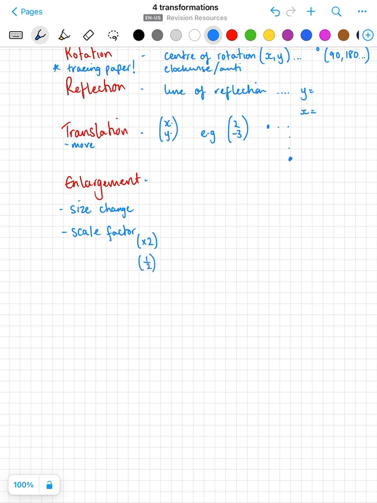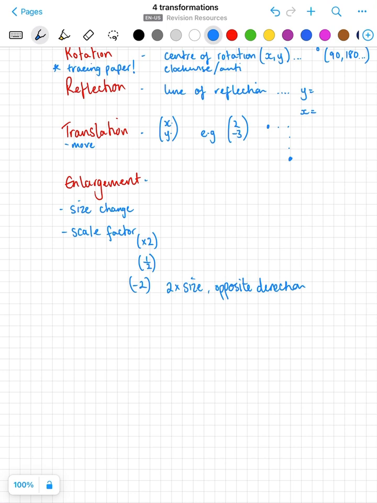If your scale factor is a half, your shape will be half the size. If your scale factor is minus 2, it's going to be 2 times the size, but in the opposite direction. And this one only appears on higher paper. And we'll do an example of each.